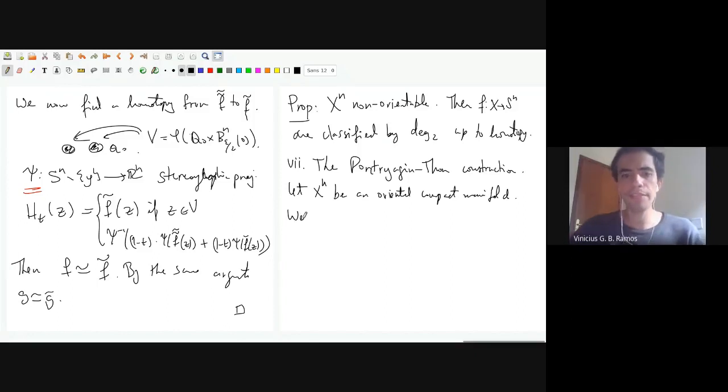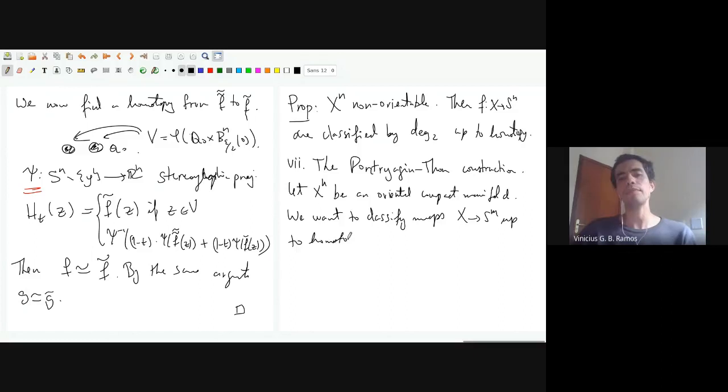So we want to classify maps from X to S^m up to homotopy. Now we want to classify maps to the sphere, but the dimensions don't have to be the same, so m can be different from n.